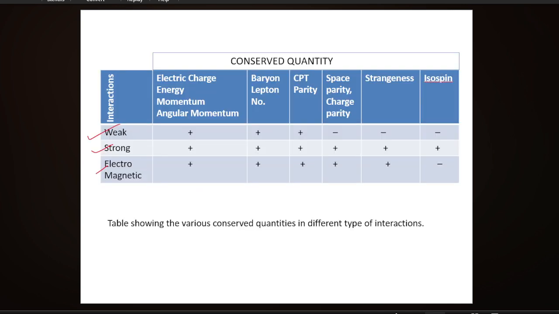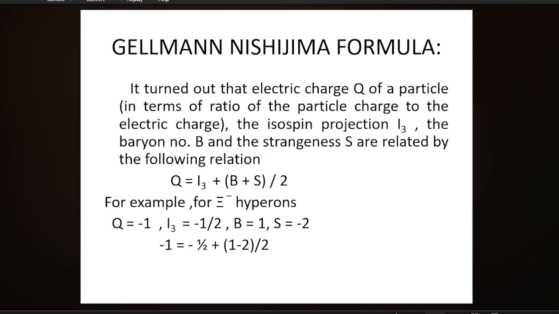This table shows the various conserved quantities in different types of interactions. Okay, here we have another formula that is known as the Gell-Mann-Nishijima formula. It turned out that the electric charge Q of a particle, in terms of the ratio of particle charge to the electric charge, the isospin projection I3, the baryon number B, and the strangeness S are related by the following relation.